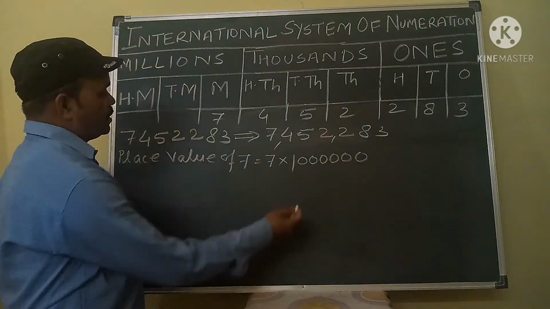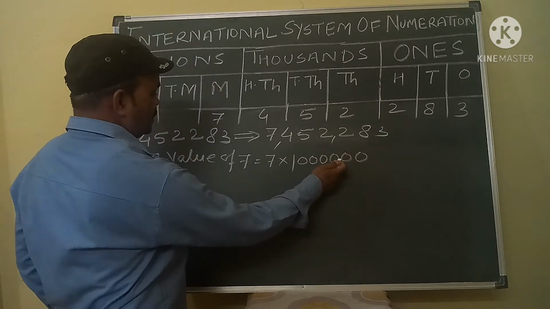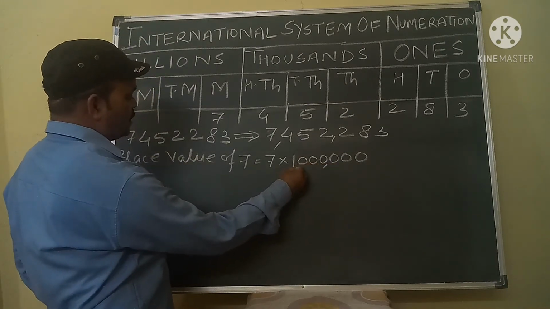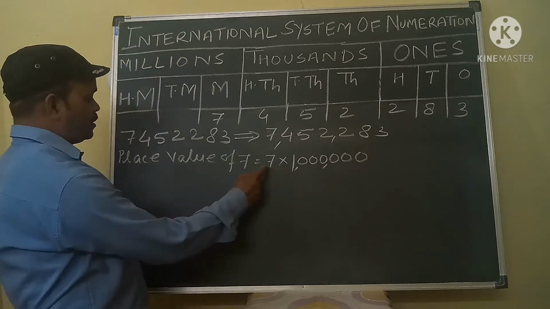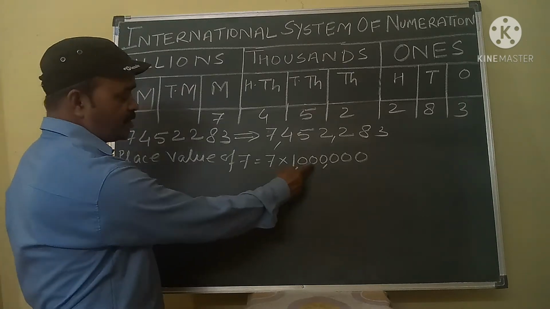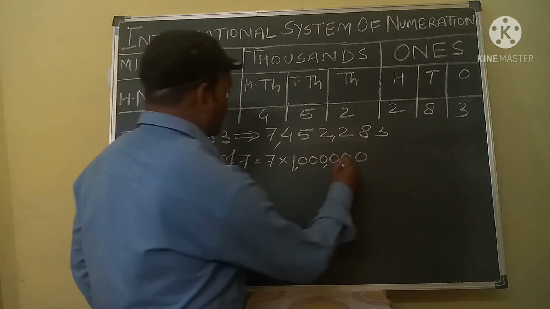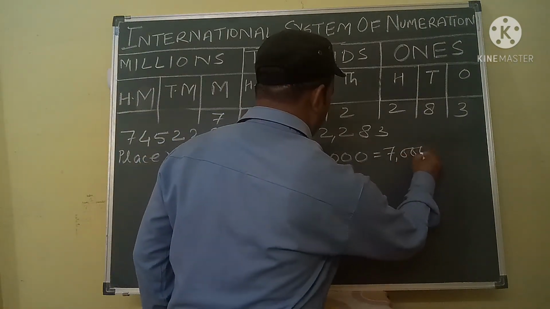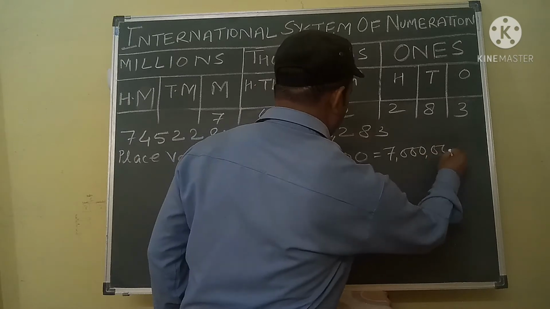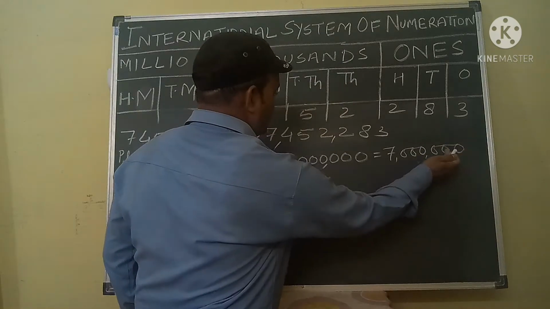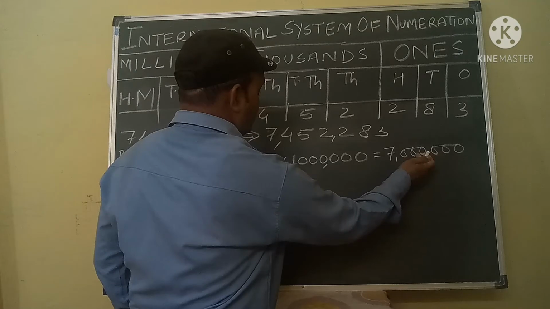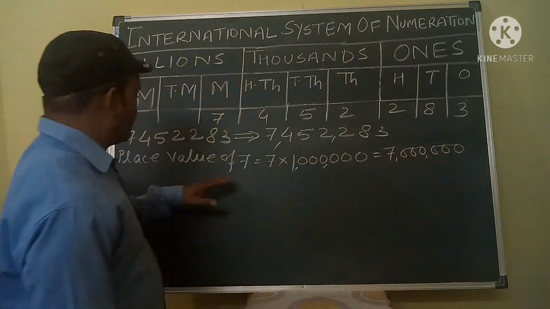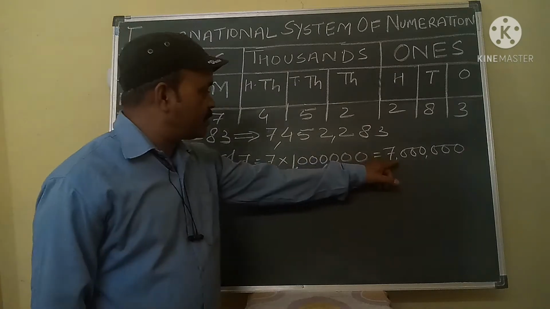This is ones, tens, hundreds, thousands, 10,000, 100,000, then after that, million. 7 multiplied by 1 million, so you will get 7 million. Place value of 7 is 7 million.